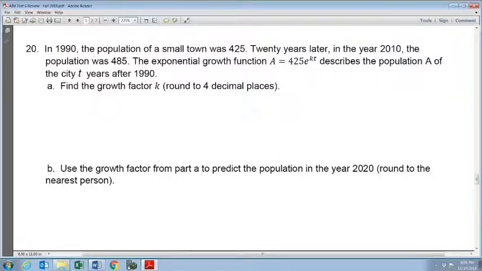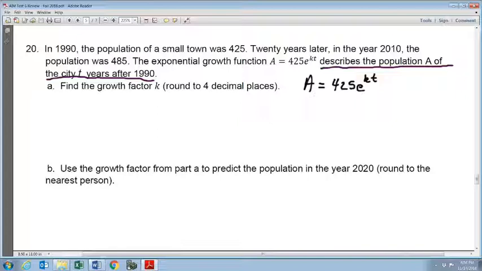The exponential growth function A equals 425 times e to the kt power describes the population A of the city t years after 1990. So this is our equation. It says find the growth factor k, round to 4 decimal places.